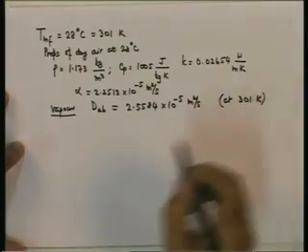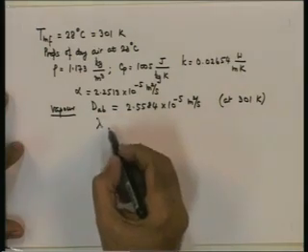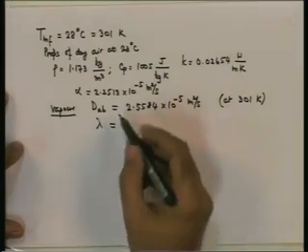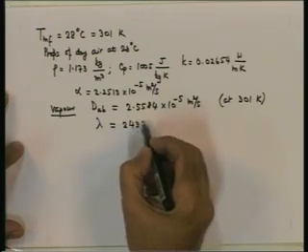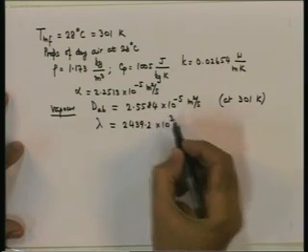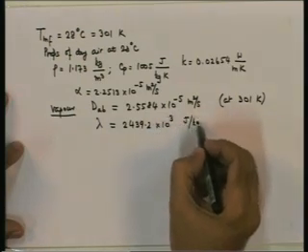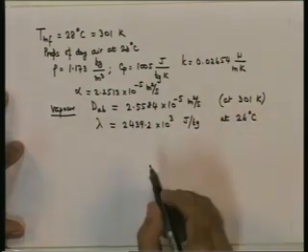Some interpolation is needed. We also need the latent heat, which is 2439.2 into 10 raised to 3 joule per kg at the wick temperature, which is 26 degrees C.